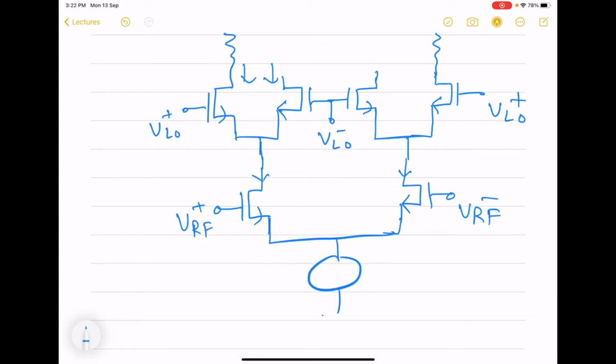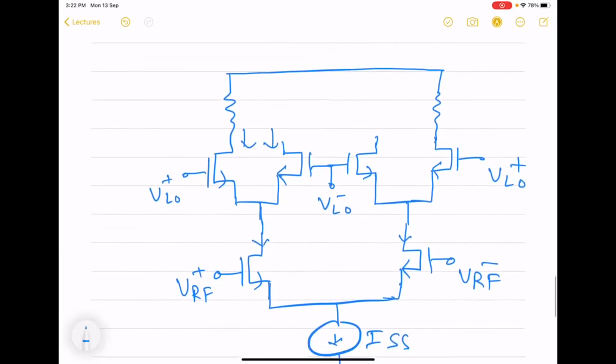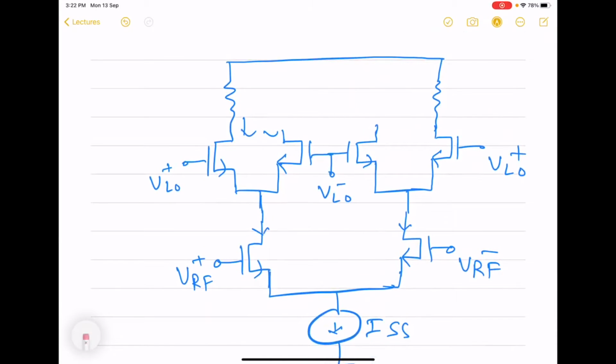And then ultimately we of course have final analysis. So here we are going to make this connection like this, and the outputs are going to be VO plus and VO minus.